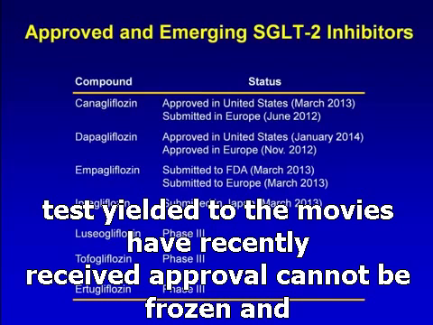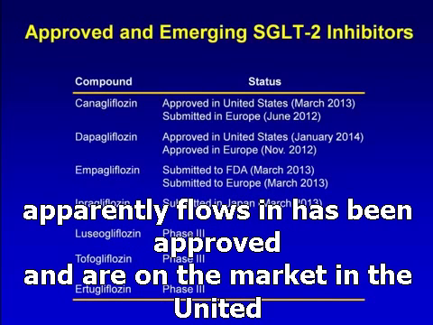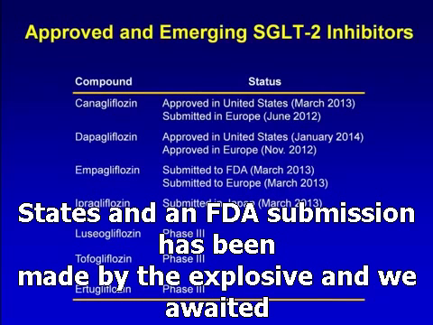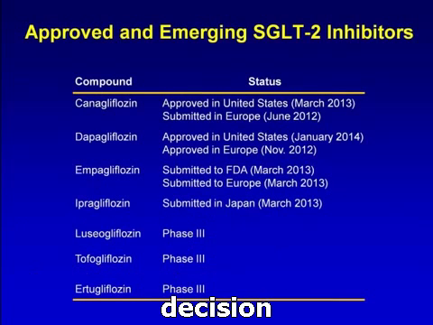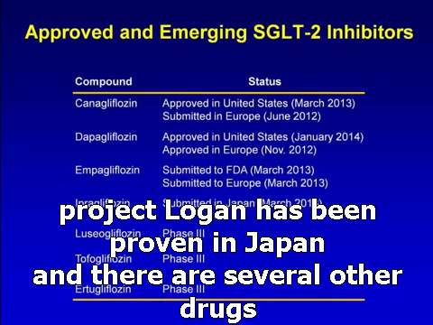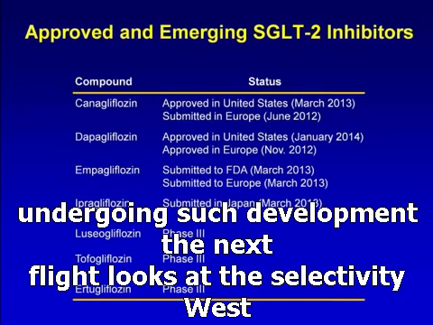Some of these have recently received approval. Canagliflozin and dapagliflozin have been approved and are on the market in the United States, and an FDA submission has been made for empagliflozin, and we await their decision. Empagliflozin has been approved in Japan, and there are several other drugs undergoing such development.